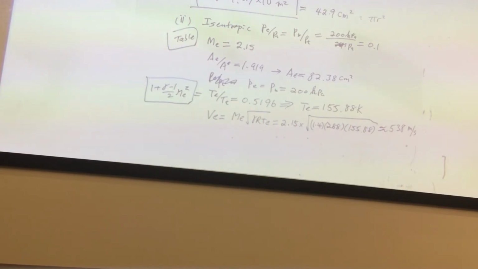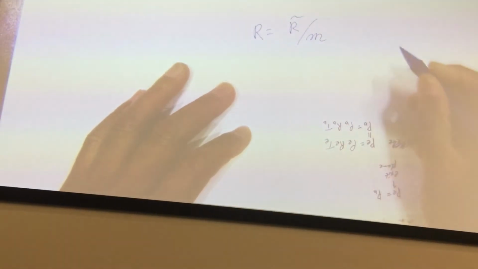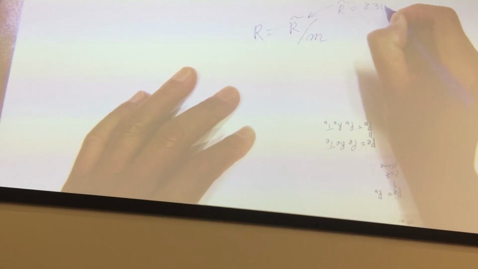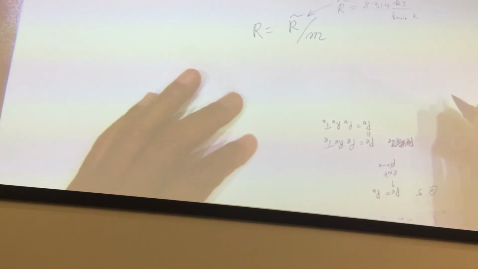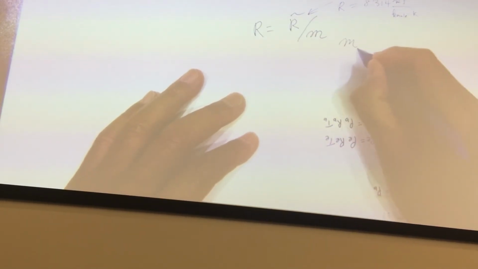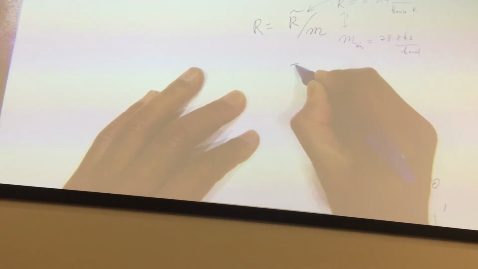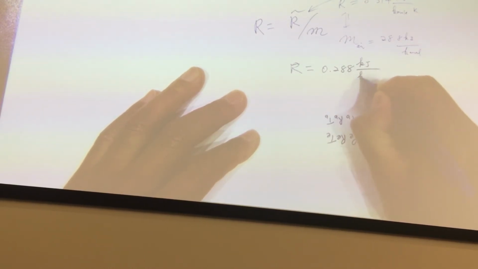But you're talking about kilomole. So when you divide these two, you will have R equal to 0.288 kilojoules per kilogram per Kelvin.